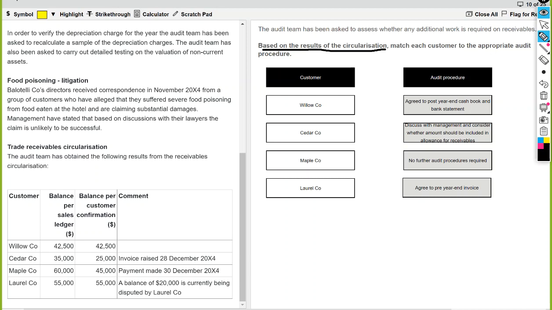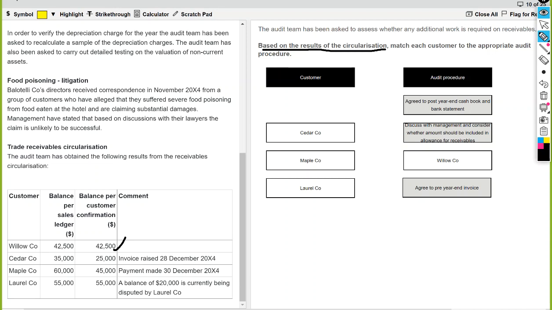They are not saying you audit receivables now. You just go based on the circularization. Then it's correct. No audit procedures are required based on circularization. Because the amount tallies, it means done already for circularization. Of course, review of after year-end collection is still required.